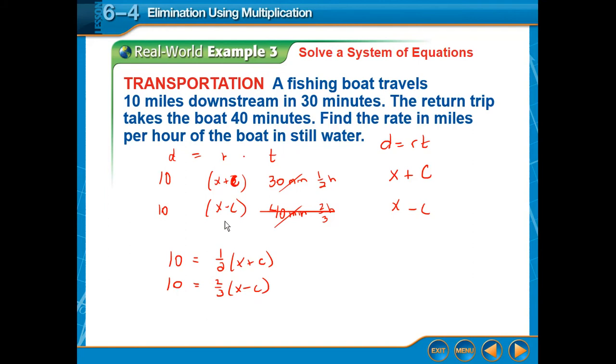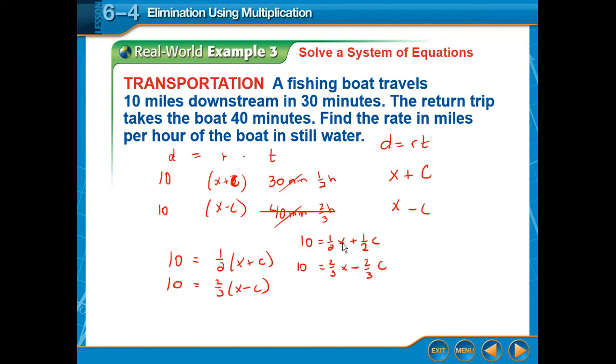So if I distribute those fractions through, I'm going to have 10 equals 1/2 x plus 1/2 c, and 10 equals 2/3 x minus 2/3 c.